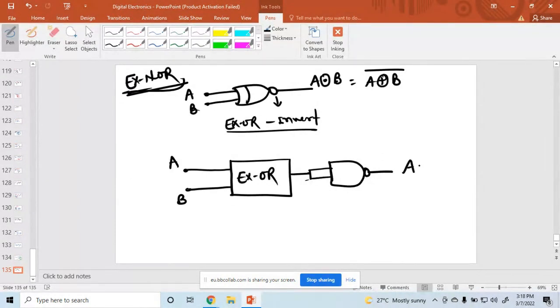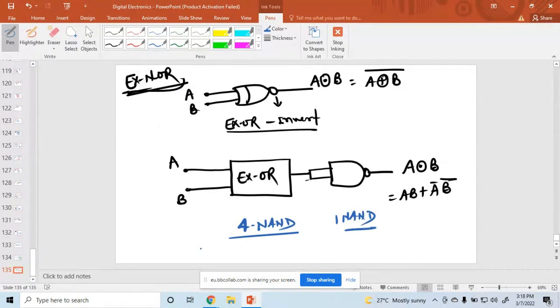So here you have found A XNOR B, and its value is AB plus A bar B bar. So how many NAND gates are used? Here you have used the 4 NAND gates and 1 NAND gate, so total 5 NAND gates.